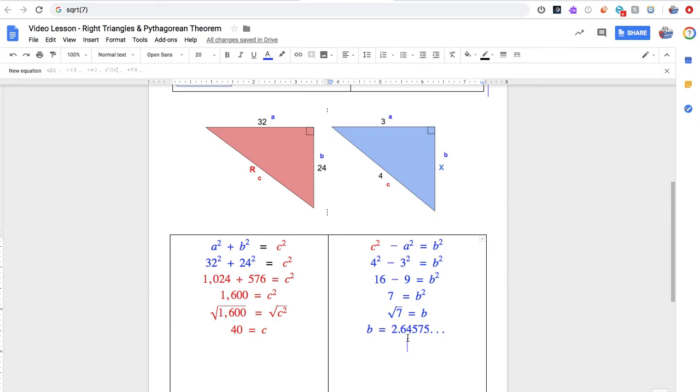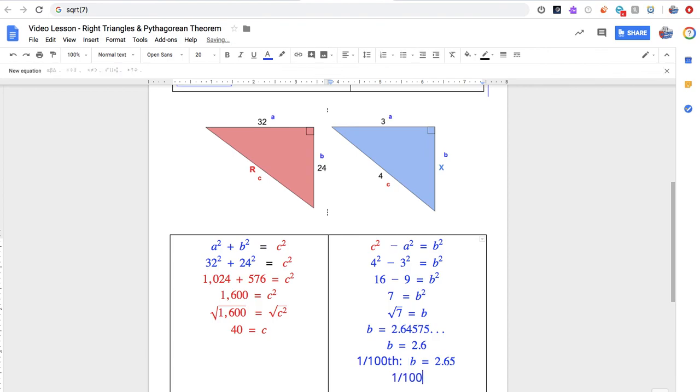If we're asked to round to the nearest tenth, that would be to the first place. We would just say b equals 2.6 if we round to the nearest tenth. If we round to the nearest hundredth, then we would be saying b is equal to 2.65. The reason for that, 2 places for the nearest hundredth, but the 5 tells me I need to round up the 4 to 5.